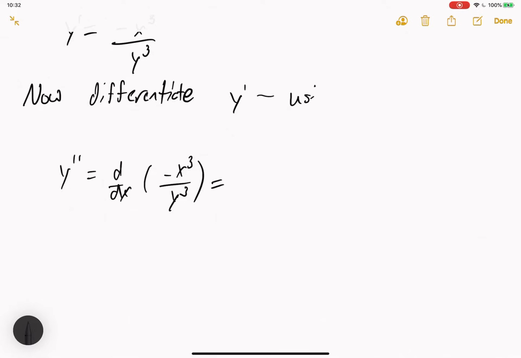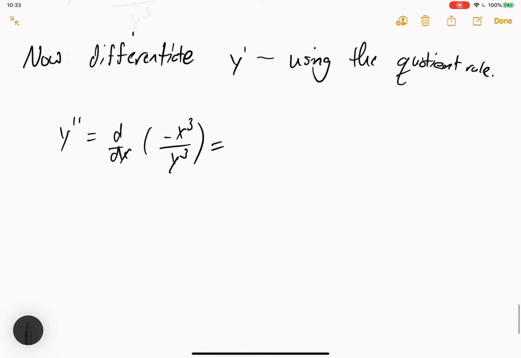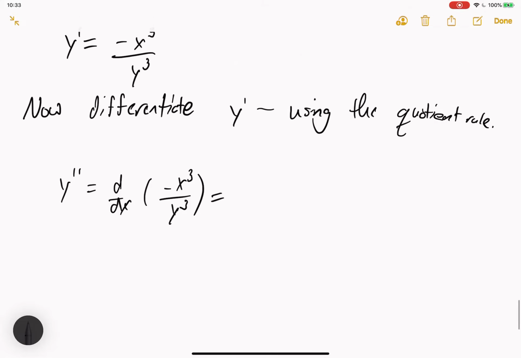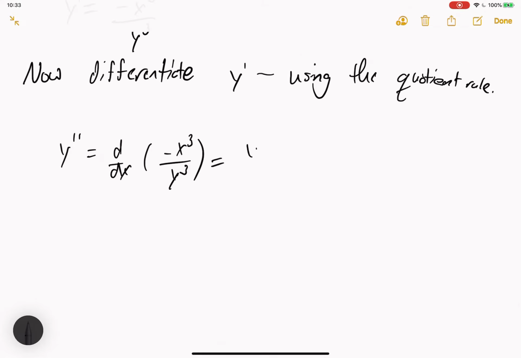So using the quotient rule, it's going to be low d high, so y cubed times the derivative of negative x cubed. And that's just going to be negative 3x squared.